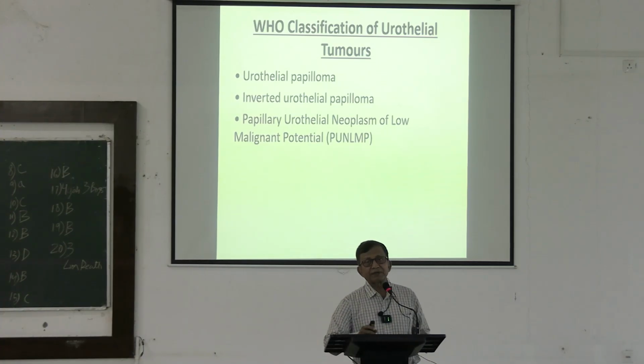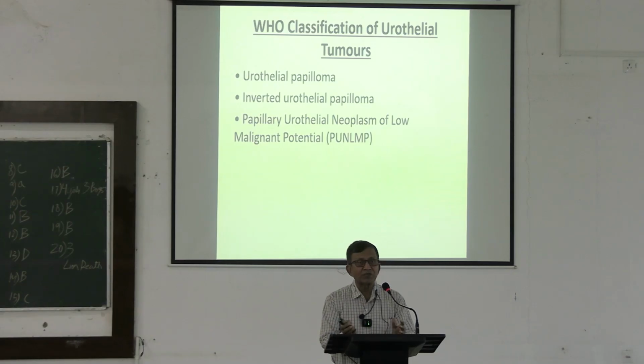Whenever there is a tumor, the WHO, World Health Organization, comes in. What is its duty? To make uniformity of tumor nomenclature and diagnosis between all countries. There are many countries, Asian countries, European countries, America. There are so many people like us, so many students like you.